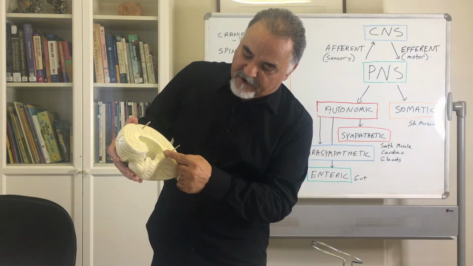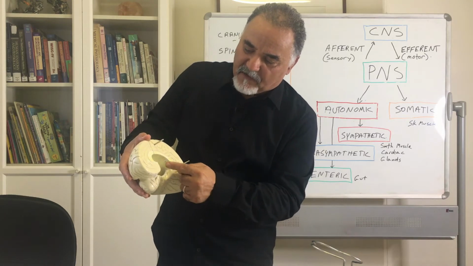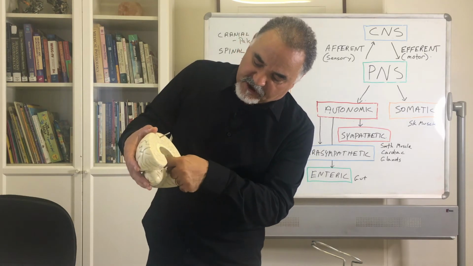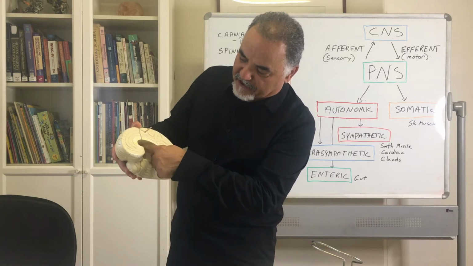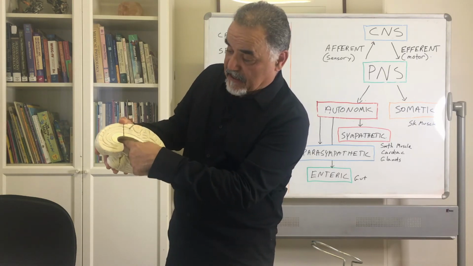Wernicke's, we're looking at a region in the parietal lobe back here. Broca's area, we're looking at a region again in the parietal to temporal lobe right in here.